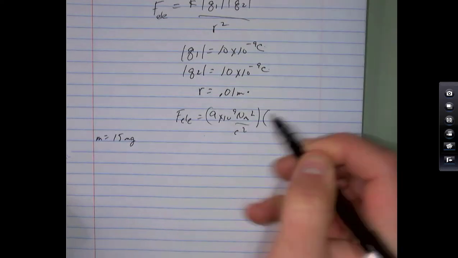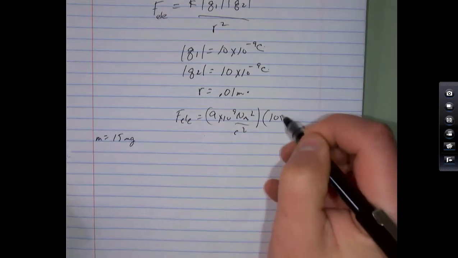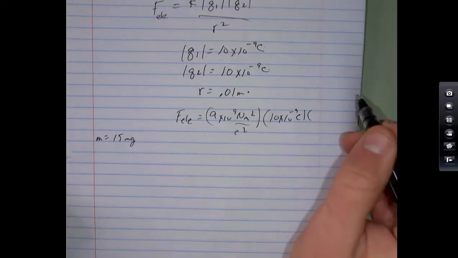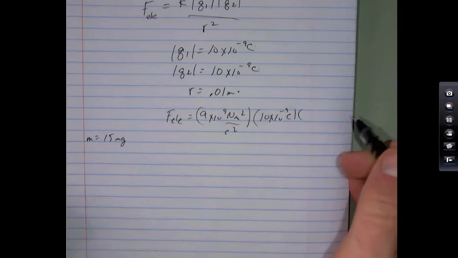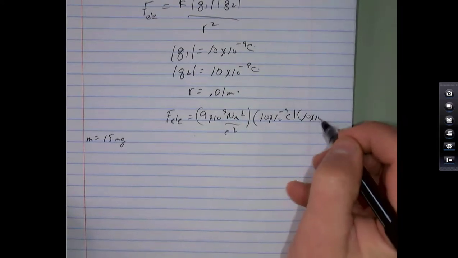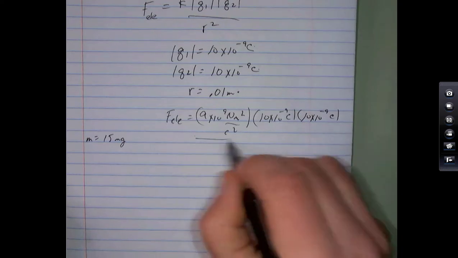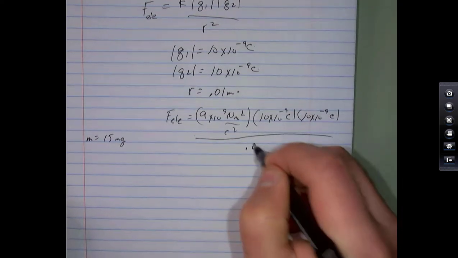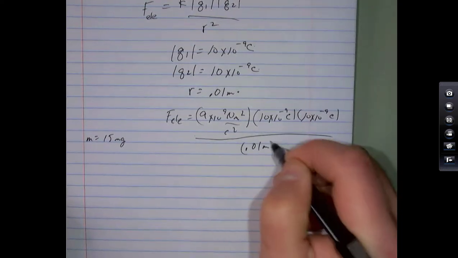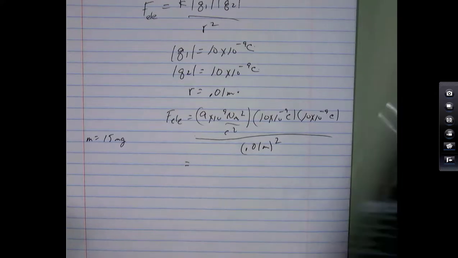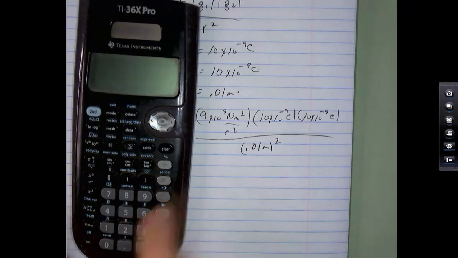That's what k is. q1 is 10 to the -9th coulombs, that's the magnitude of it anyway. q2, 10 to the -9th coulombs. And then the distance between these charges, the bead and the plastic. We can figure out how much the electrical force is then.